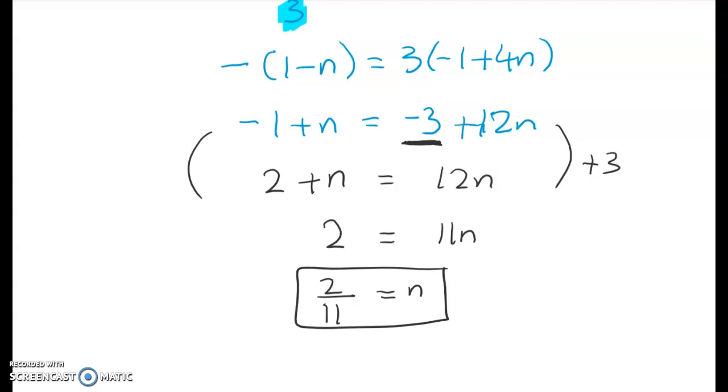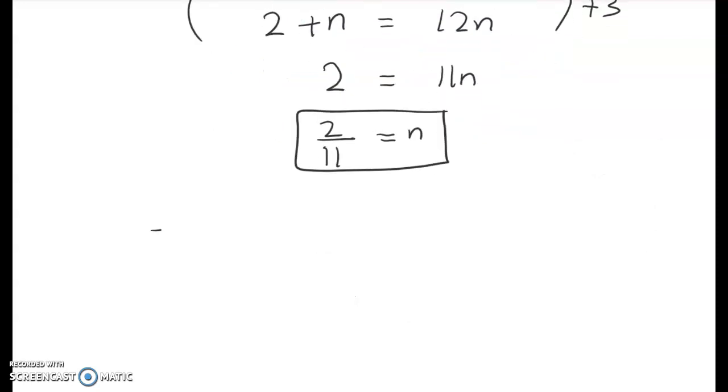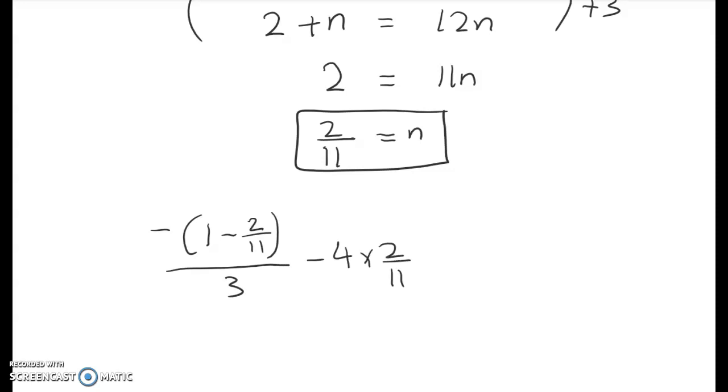Now you can check that that solution is correct by putting it back into the equation. You don't have to do this, but let's see what we get if we do. On the left hand side we have this. So working that through gives me negative 9/11 divided by 3 minus 8/11.